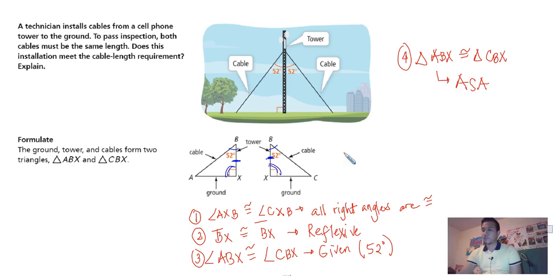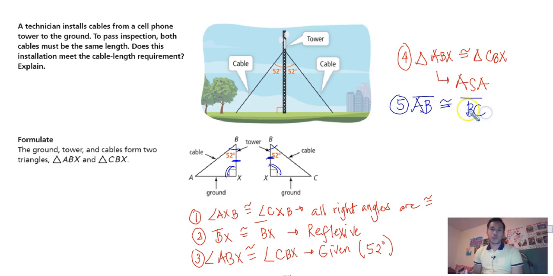Now, on number 5, because we are looking for the cable length to meet the inspection requirements, therefore your AB is congruent now to CB. The main purpose why we are checking is that these two cables must be congruent. So on number 5, to pass this inspection, AB must be congruent to BC.